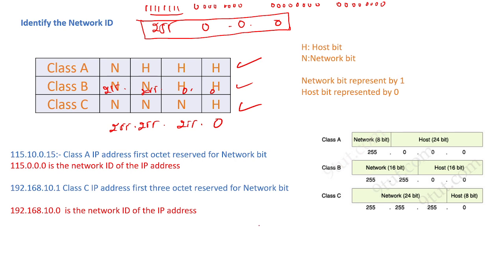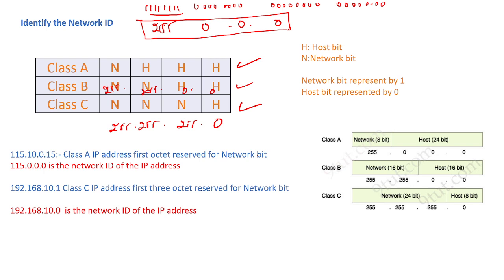If you read here, in a class A IP address, the first octet is reserved for the network bits. For class B, the first two octets are reserved for the network bits, and the remaining are host bits.